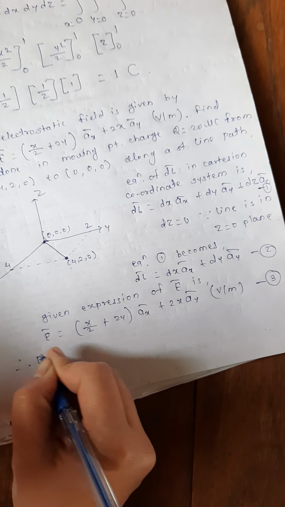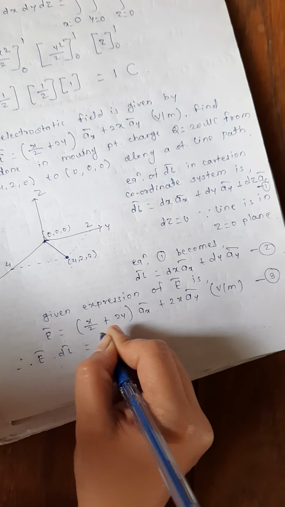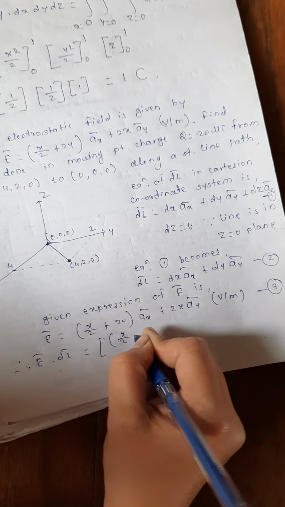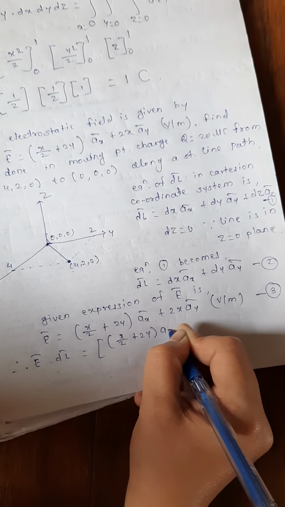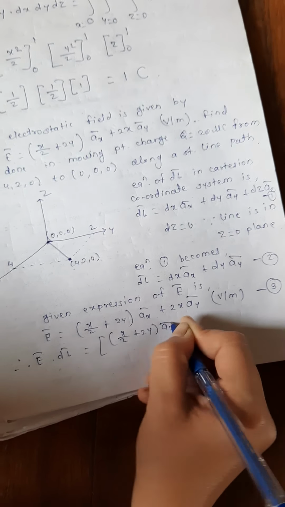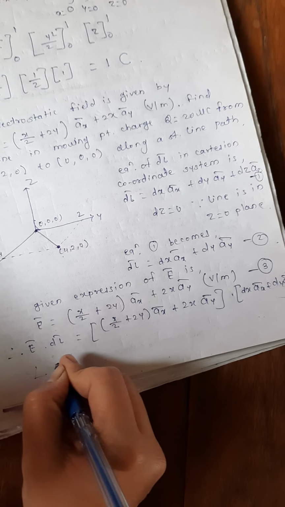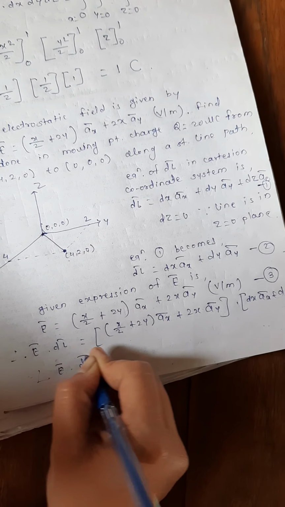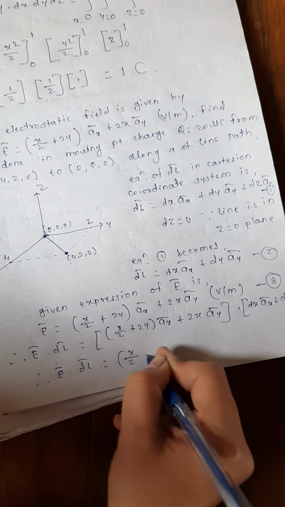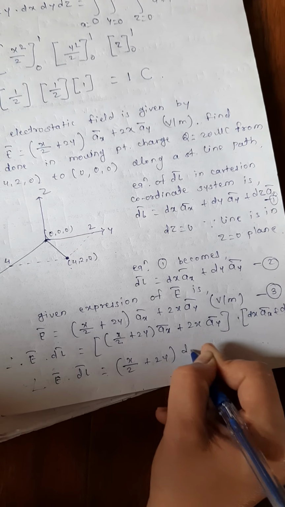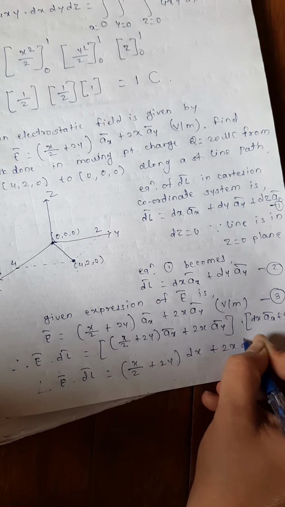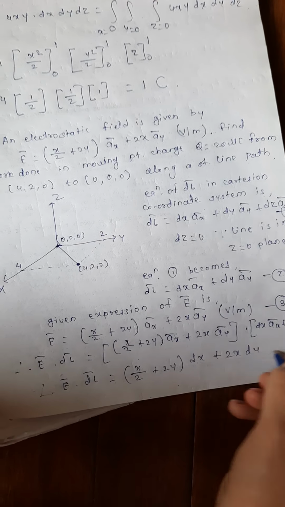Therefore E bar dot dl bar is equal to ((x/2 + 2y) ax bar plus 2x ay bar) dot (dx ax bar plus dy ay bar). Therefore E bar dot dl bar is equal to (x/2 + 2y) dx plus 2x dy. This is equation number 4.